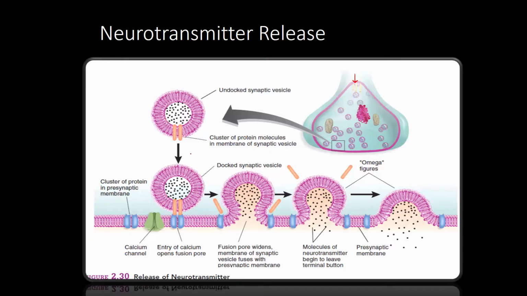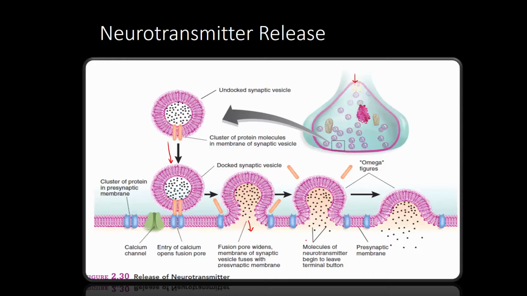Calcium's going to enter. When calcium comes in, it's essentially going to allow this vesicle to dock to the membrane. When it's close, then it's going to fuse with the membrane. When it fuses, we end up getting the release of neurotransmitter into the synaptic cleft. So again, this is just a little more detail about how it occurs.